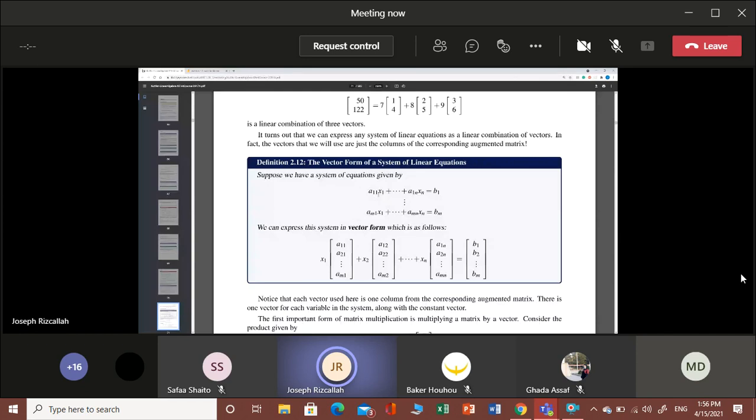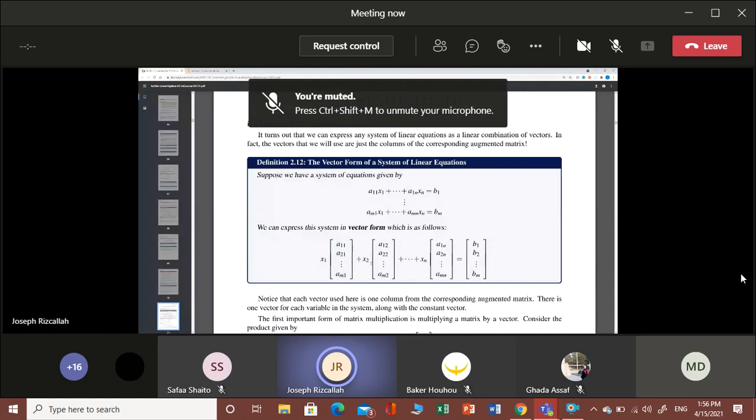then it turns out you can write this system as a sum of vectors multiplied by scalars. We know what this means, because this is a matrix, and we know what we mean by multiplying a number by a matrix. It means you multiply every entry of this matrix by this number.